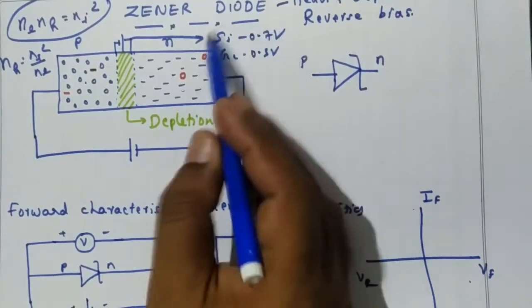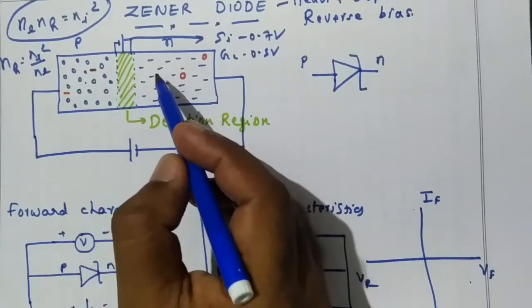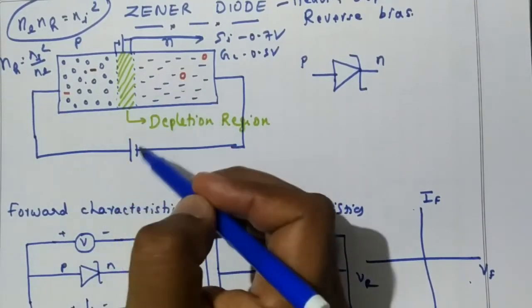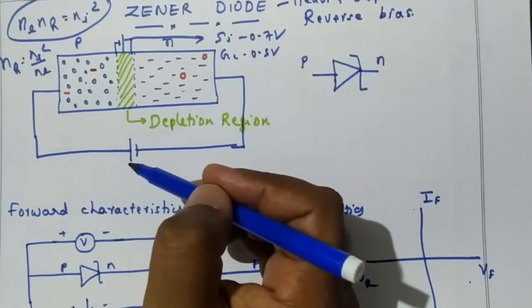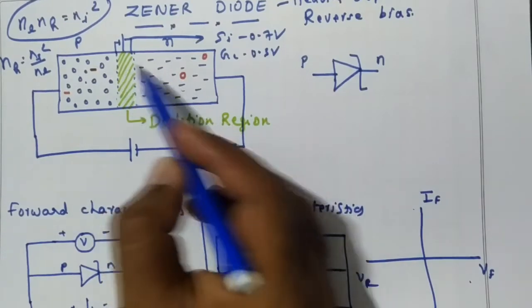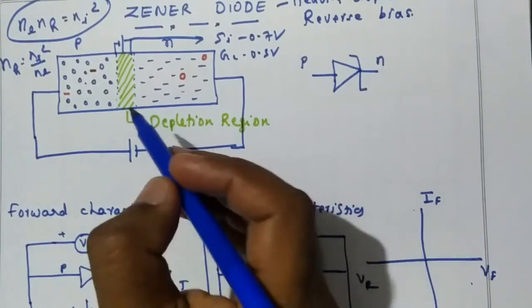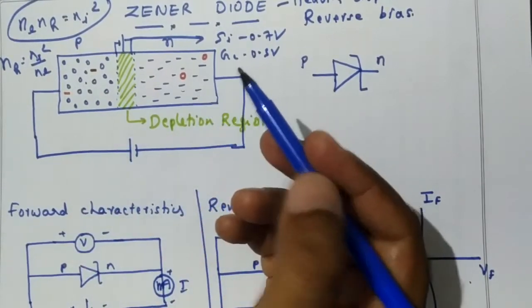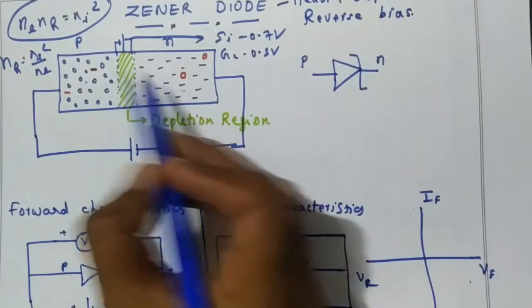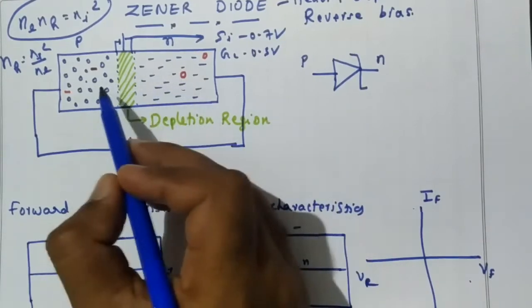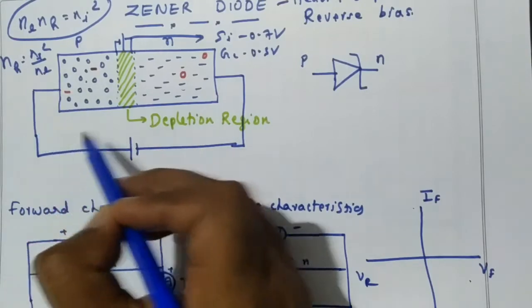If I take silicon as an example, the electrons from the N side require a minimum of 0.7 volt. Till that, a very small amount of current flows because very few charge carriers have the energy to cross the junction. Once the voltage reaches 0.7 volt or more, the electrons acquire energy and go from the N side to the P side and constitute current.